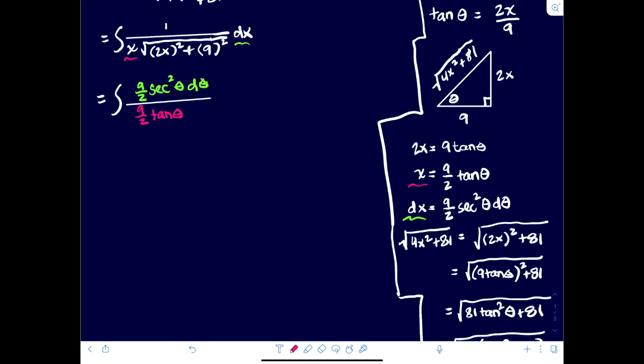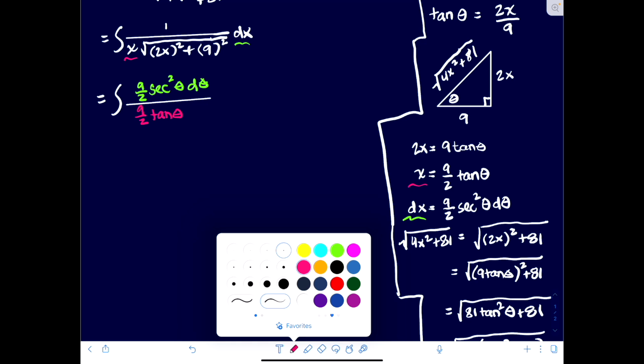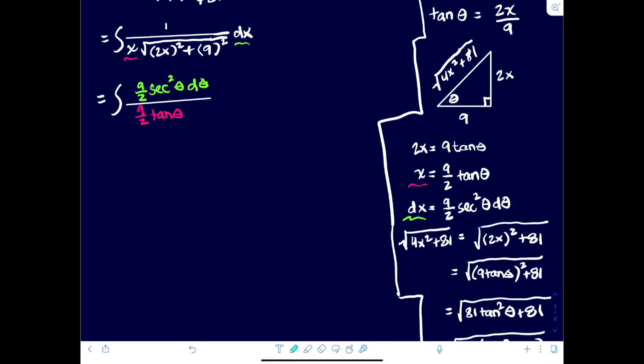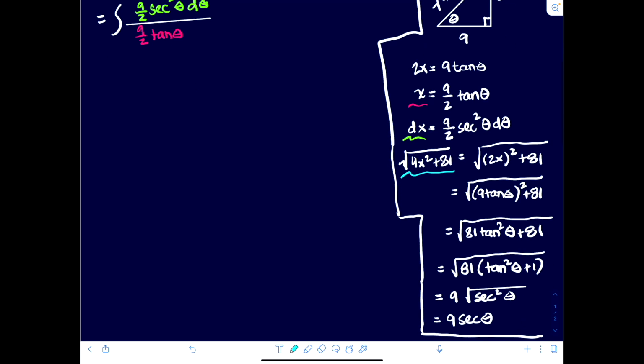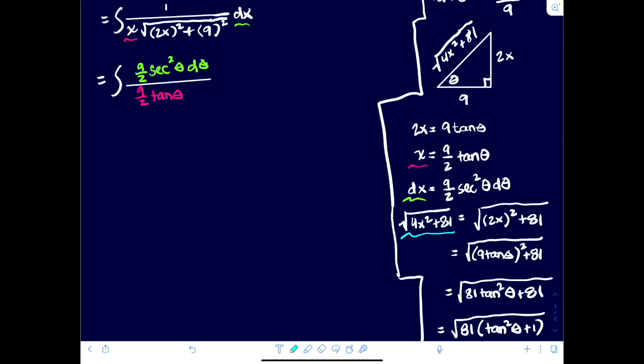And then our radical, let's do in aqua, I guess. So the square root of 4x squared plus 81 is going to be equal to 9 secant theta.